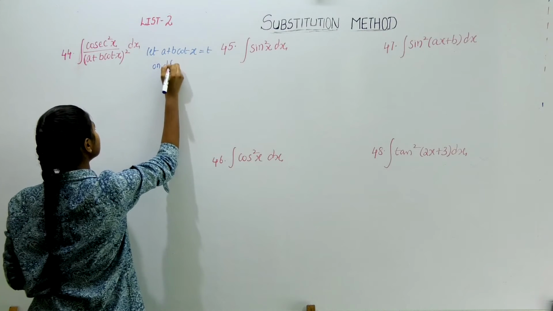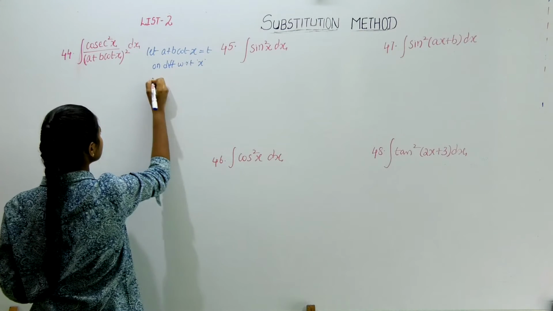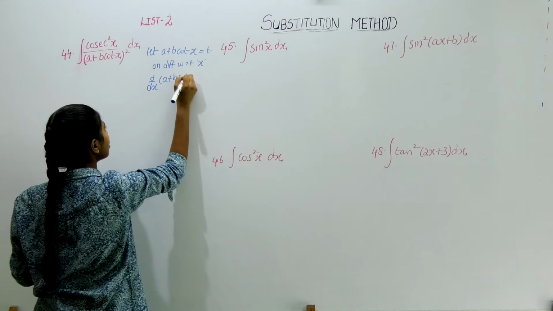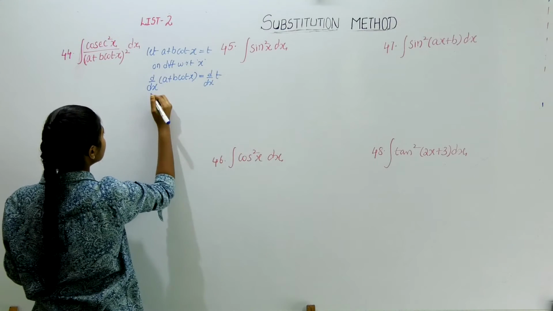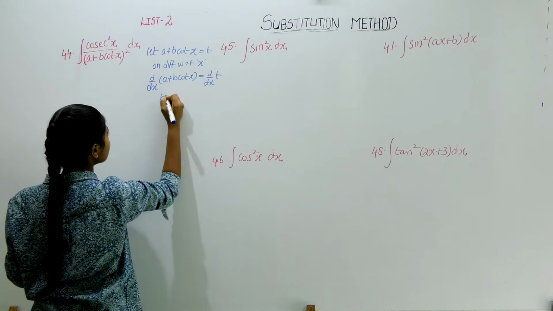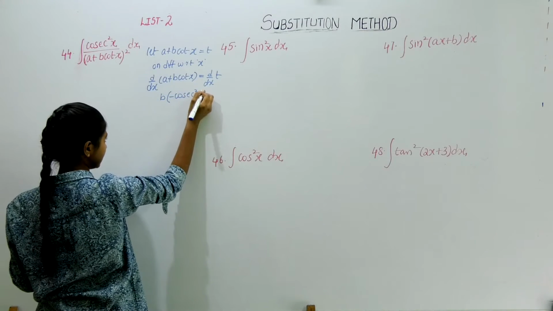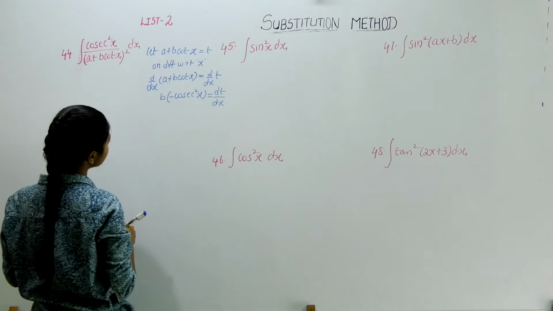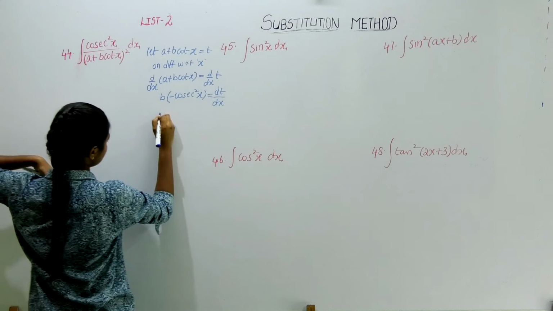On differentiating with respect to x on both the sides, d by dx of a plus b cot x is equal to d by dx of t. d by dx of constant is 0, d by dx of b cot x is b into minus cosecant square x, which is equal to dt by dx.